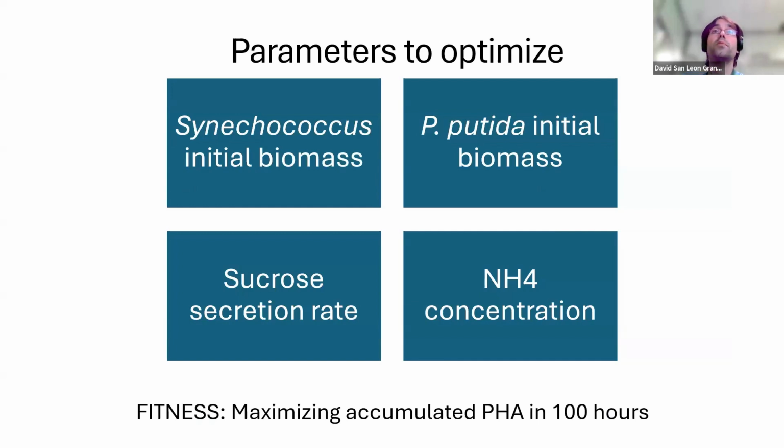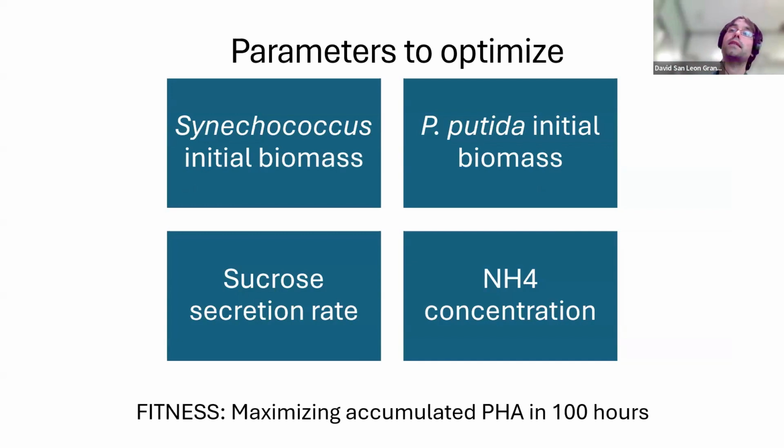Which parameters can we optimize in that system? Of course, the biomass of Synechococcus, the initial biomass of Putida, but also the sucrose secretion rate, which we don't know in advance and depends on the overexpression of the genes that we have; we can increase or decrease it. And the concentration needed at the end to simulate the nitrogen starvation.